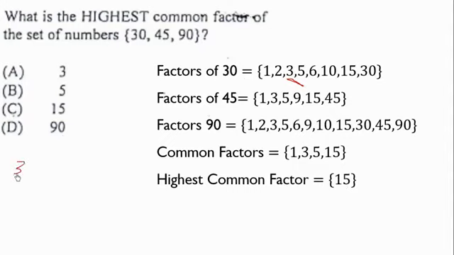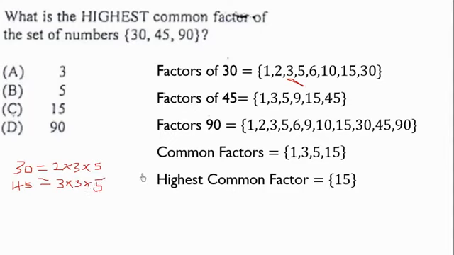We know that 30 is the same as 2 times 3 times 5. Then 45 is the same as 3 by 3 by 5.